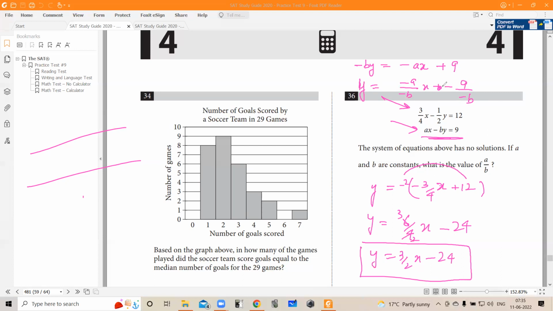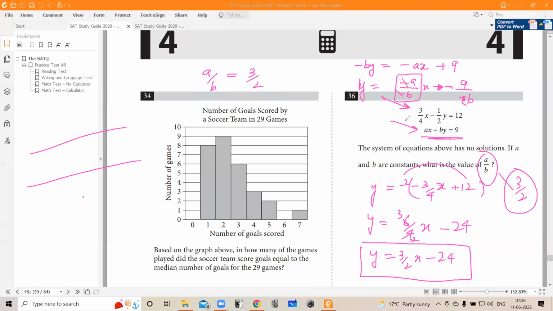So what's the slope here? a over b. Negative over negative is positive, right? So a over b is the slope, and that should be equal to the slope of the first line, 3/2. So a over b is 3/2. That's it. Done.